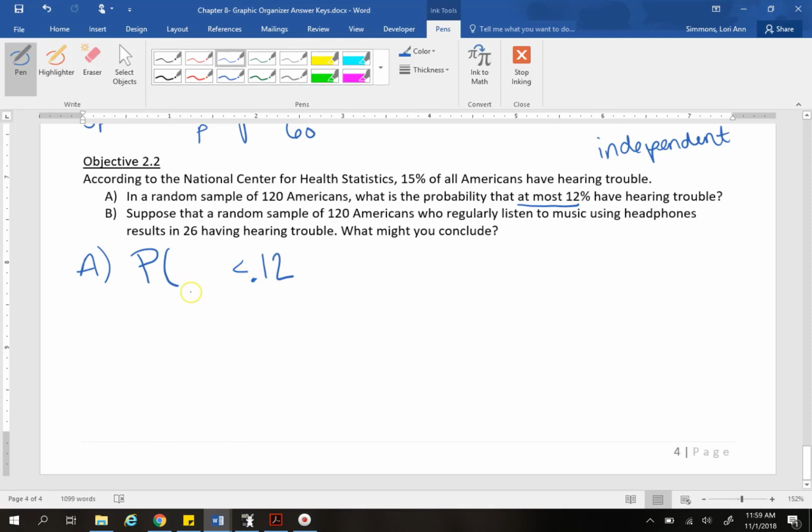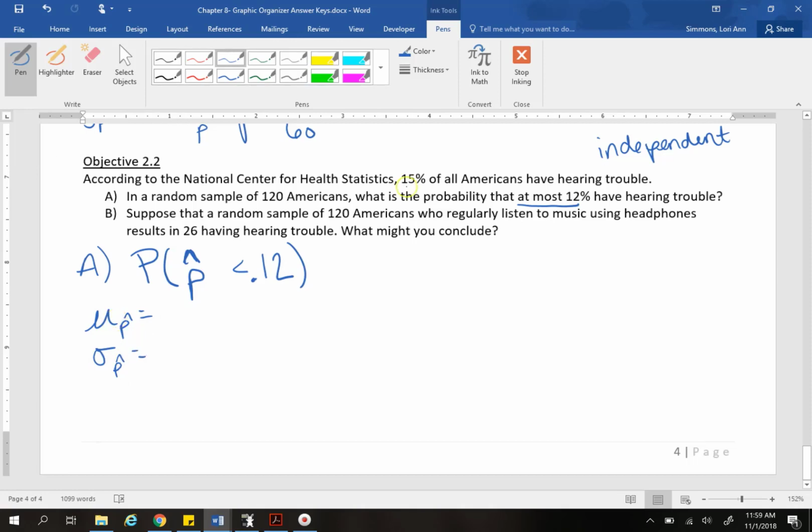And then what are we looking for here? Well, this is a proportion, right? So you have to do P, and we're doing sample proportions, so you have to do your p hat. So since we're looking for the sample proportion, you have to use your corresponding mean sample proportion and your corresponding standard deviation sample proportion.